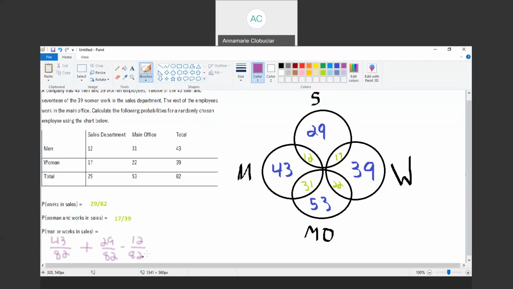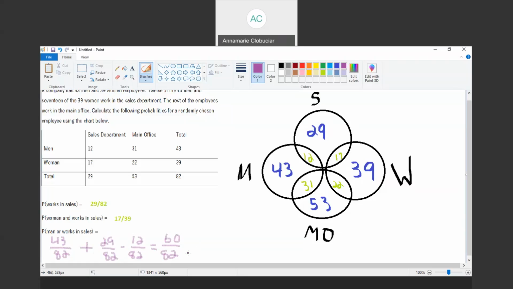Remember, with probability, especially with adding and subtracting, that bottom number is always the same. So the total is out of 82 people. You add 43 and 29, and you subtract 12, and you should get 60 as an answer.